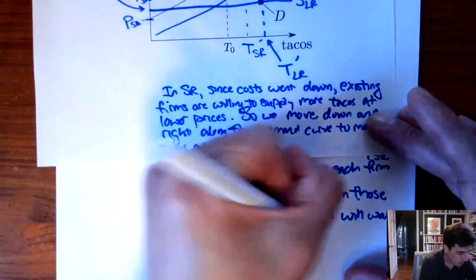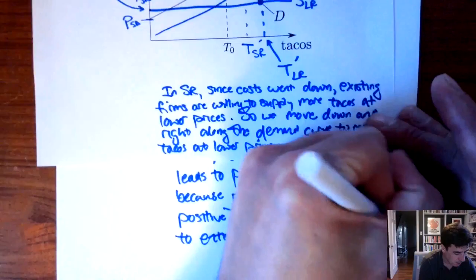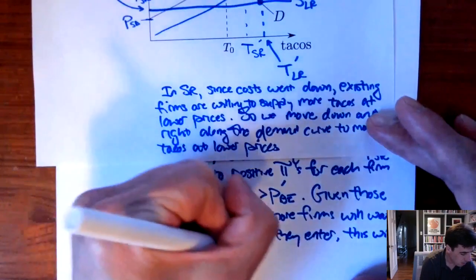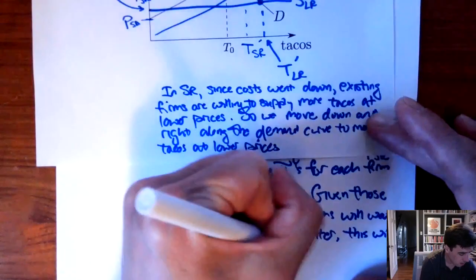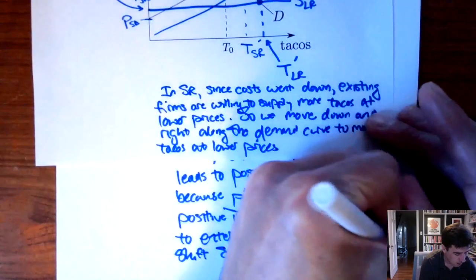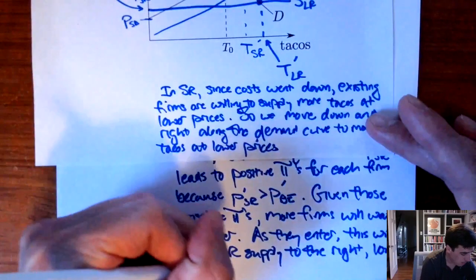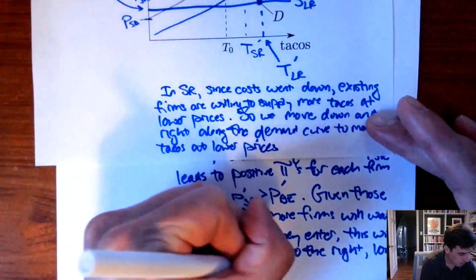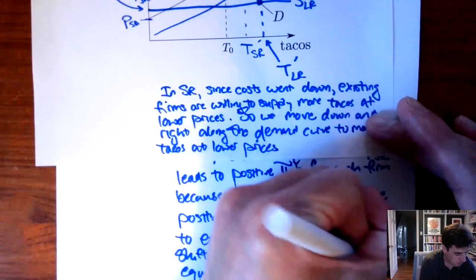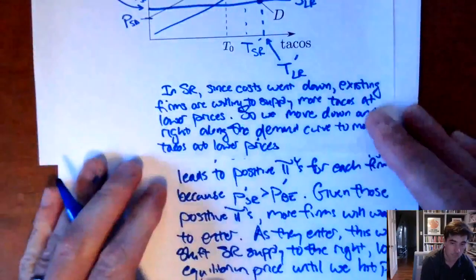As they enter, this will shift short-run supply to the right, lowering equilibrium price until we hit the new break-even price, so PBE prime.